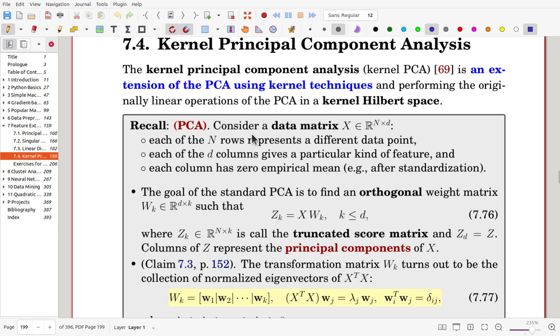The data matrix X is n by d dimensions, and each row of the data matrix represents a data point, and each column gives a particular kind of feature. The data matrix is standardized so that each column has zero mean.